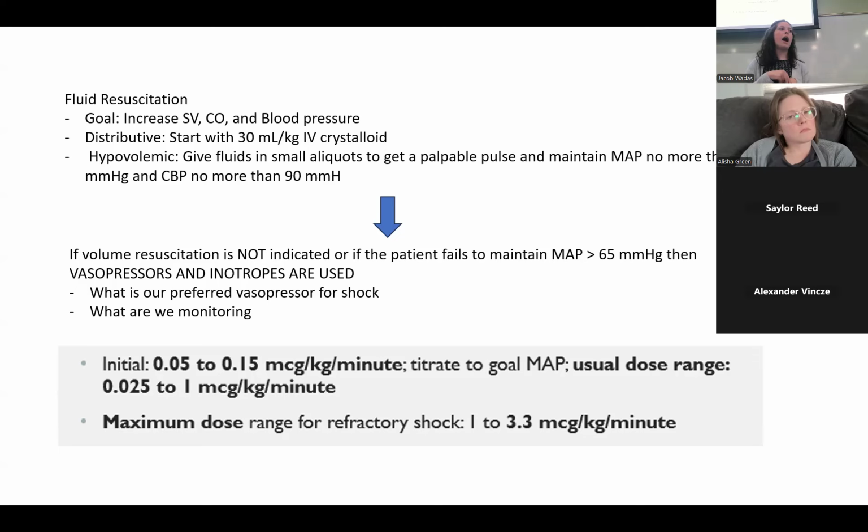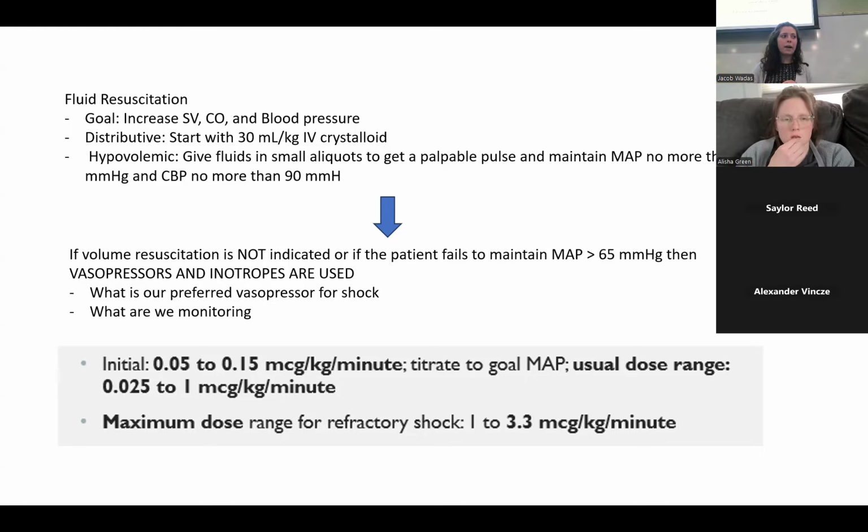If you can't, a lot of it depends on the physical exam. And based on that, if the volume resuscitation is not working or if it's not indicated for the patient, then we can try the vasopressor.